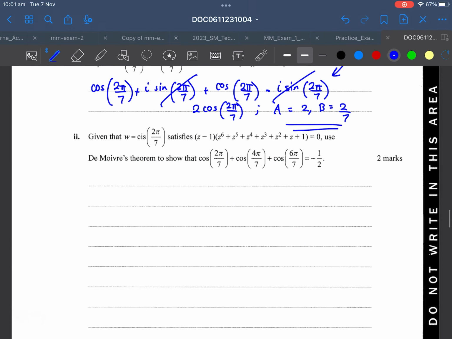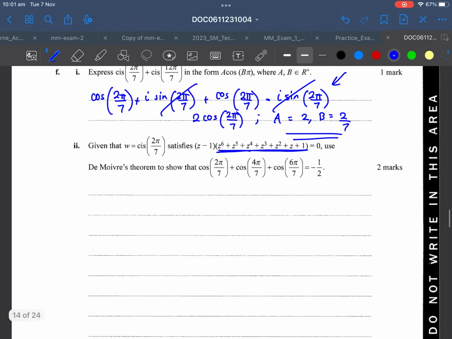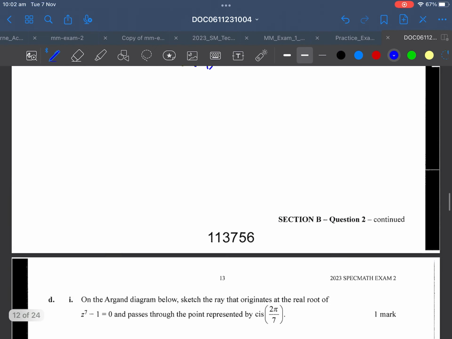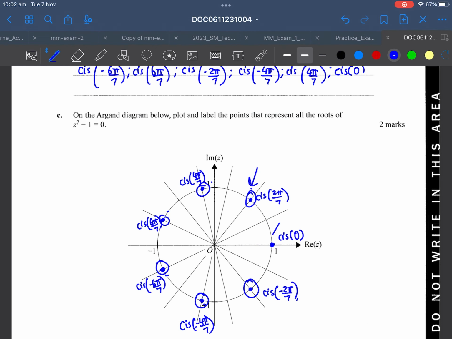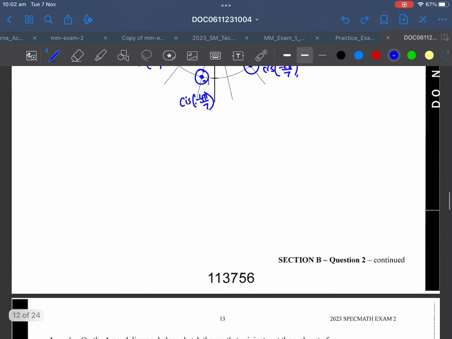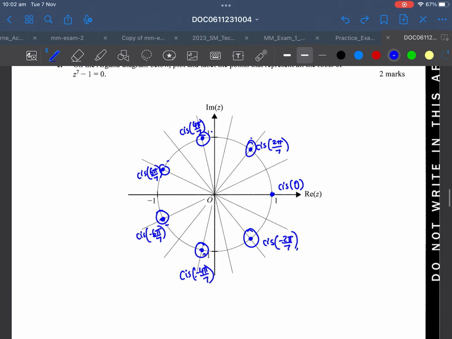So basically, all of these roots over here, like z to the power of 6, 5, 4, 3, 2, 1, and plus 1, are going to be these roots over here with plus 1 at the end. Now, let's say this is our z6 and this is our z3, meaning that this and this would be equal.